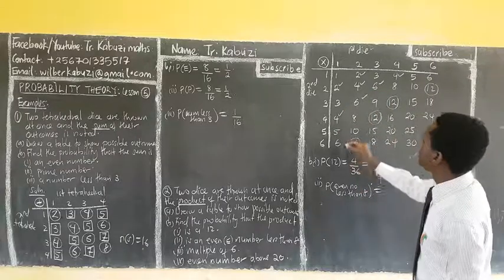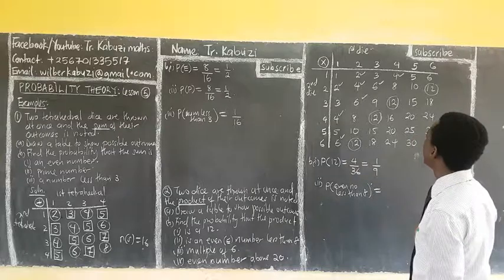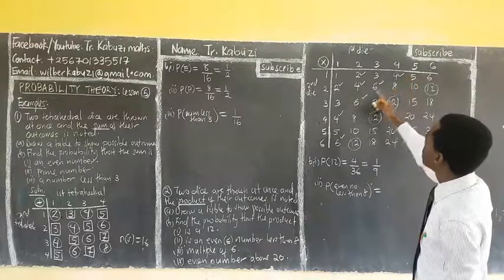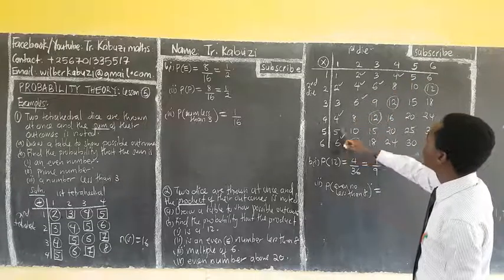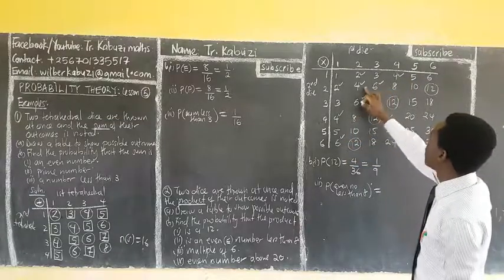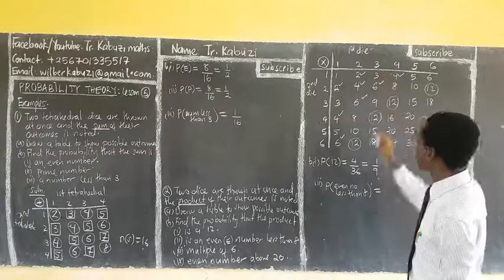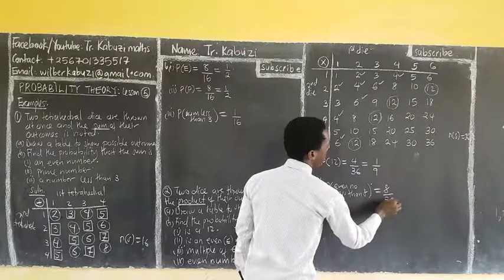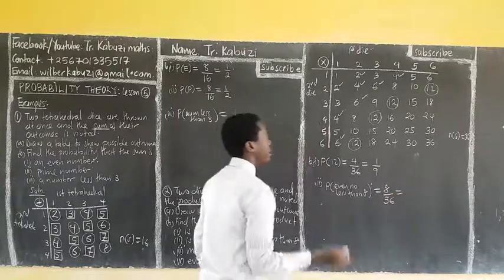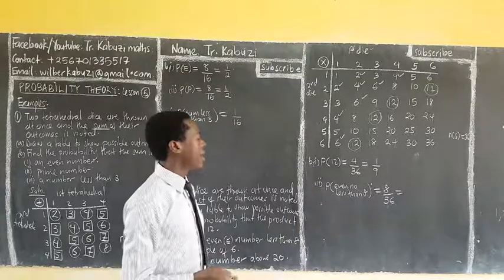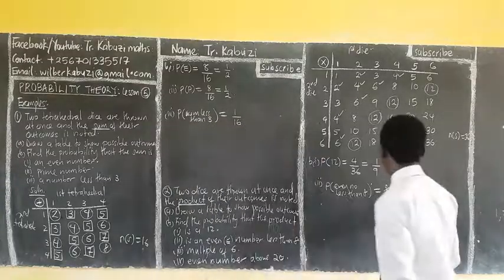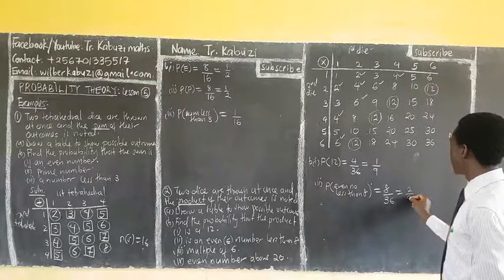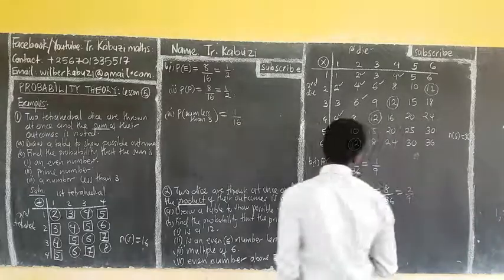So you see, they are 1, 2, 3, 4, 5, 6, 7, 8. So they are 8 over 36. Okay, so can we reduce? We can reduce by 4 here, we get 2, and by 4 here, we get 9.